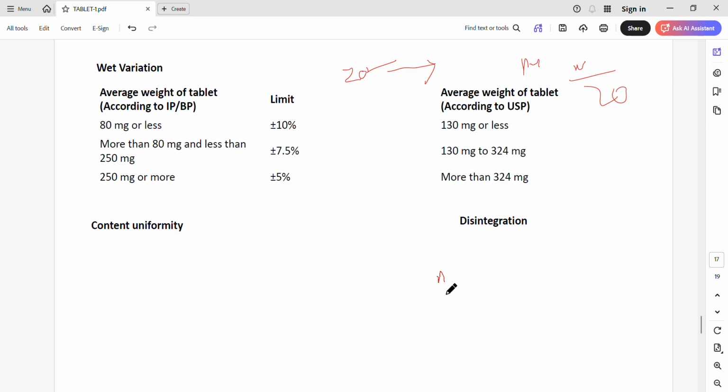For example, the average weight is 300 mg for a tablet.